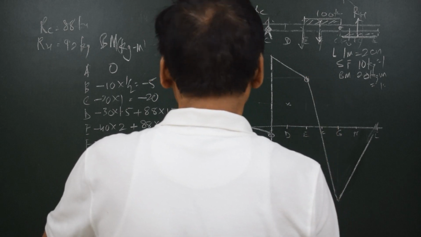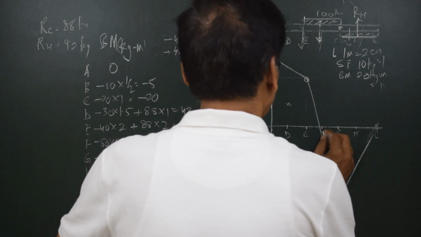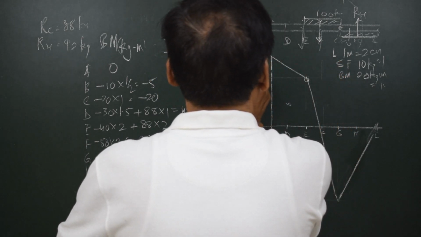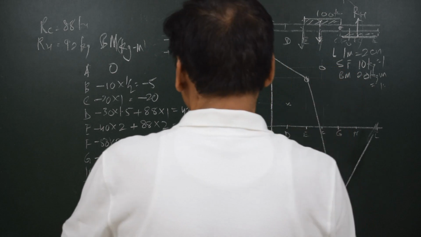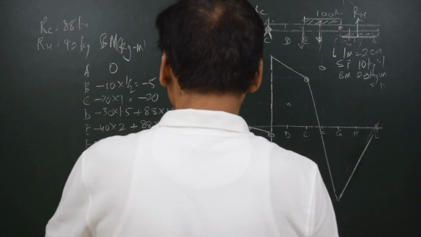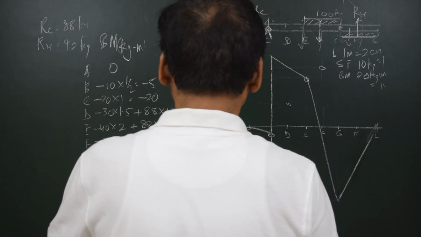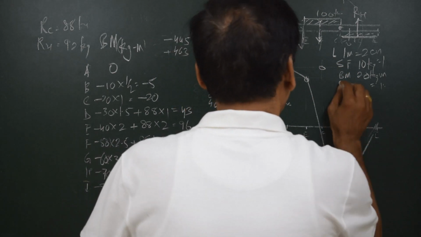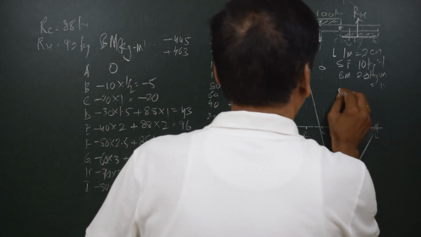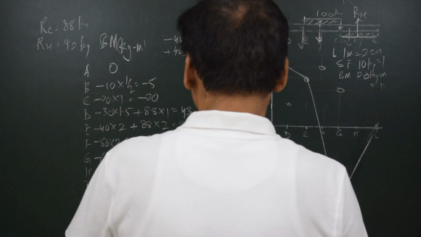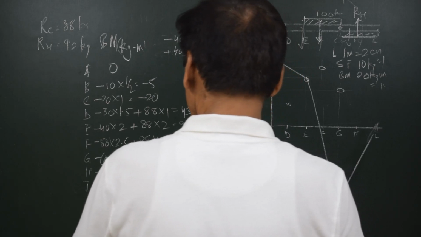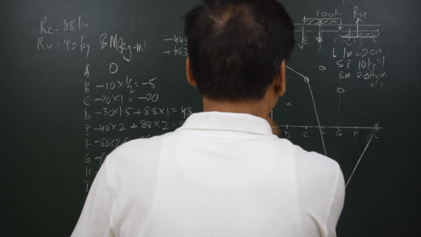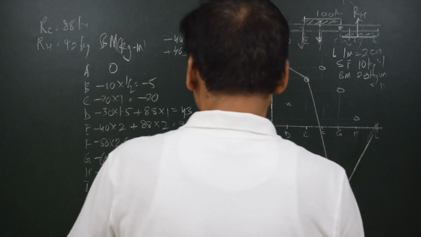Then you have 114 at F. And then at G it is 72. And then you have 18 at H. It is 0.